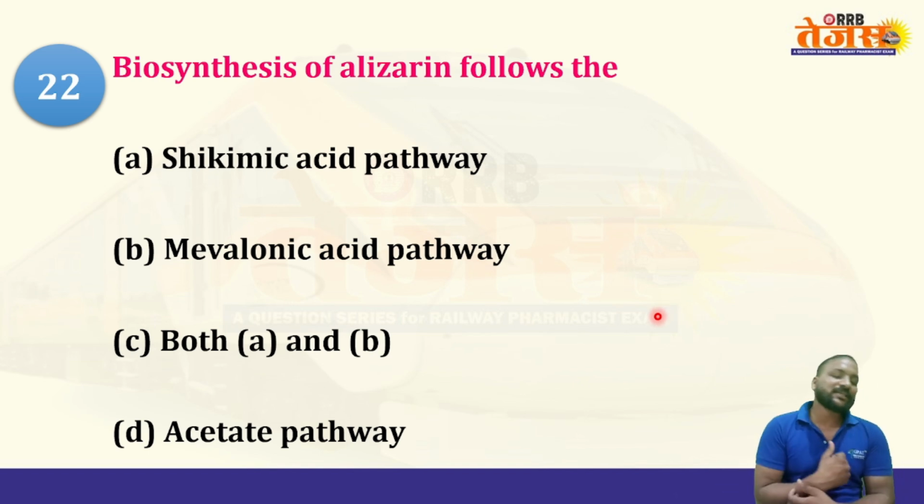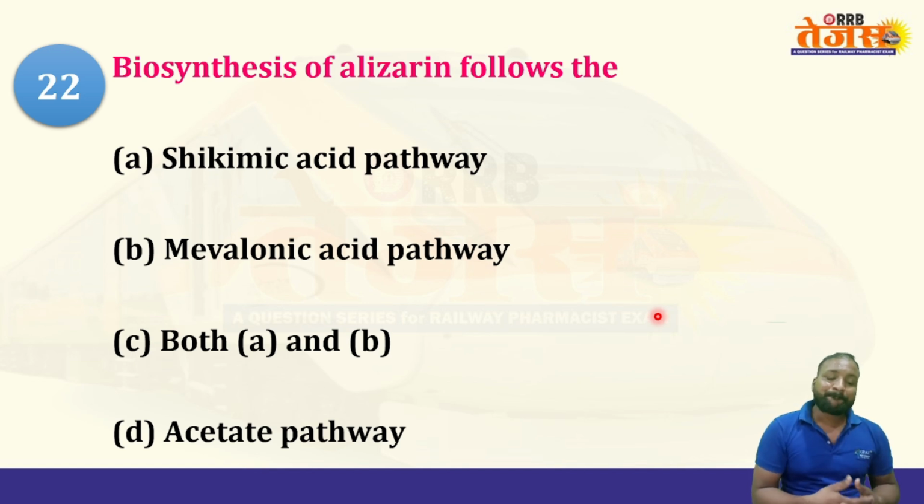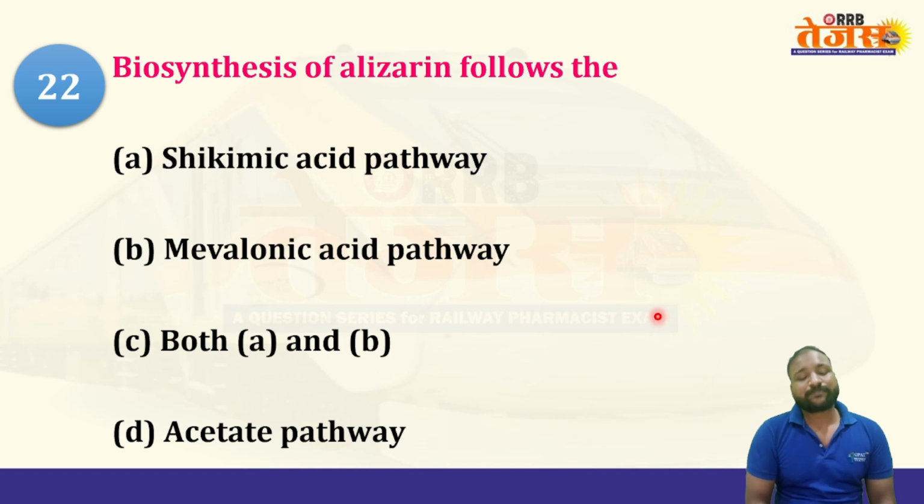22nd question in this series: biosynthesis of cholesterol follows which pathway? Either shikimic acid pathway, mevalonate or mevalonic acid pathway, both A and B, or acetate pathway. So what is the answer here?